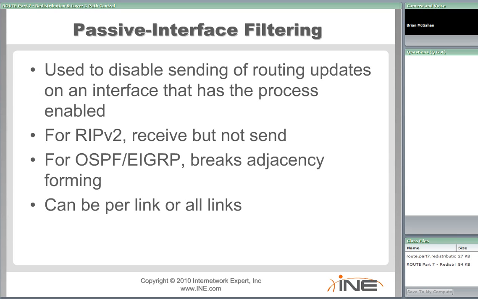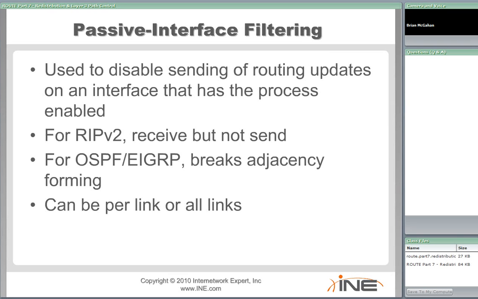For OSPF and EIGRP, since the adjacency needs bidirectional hellos, it's going to stop you from being able to form an adjacency on the link. Usually this feature is used on a stub network. So it's a host-facing link where you're advertising the network into the process, but you don't want to send hellos out the interface.